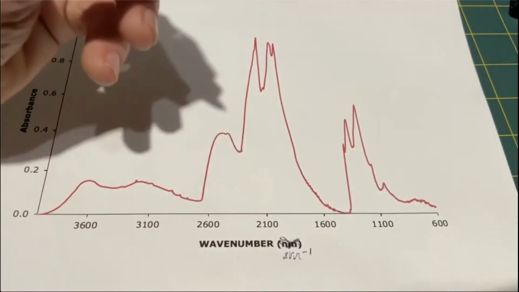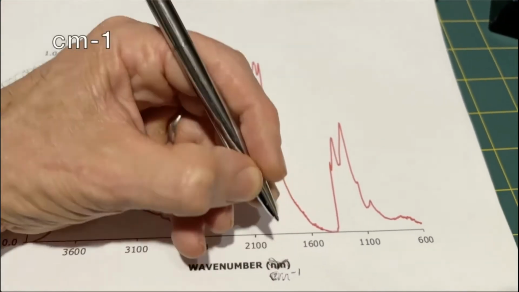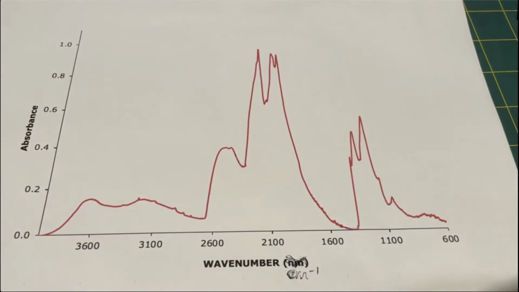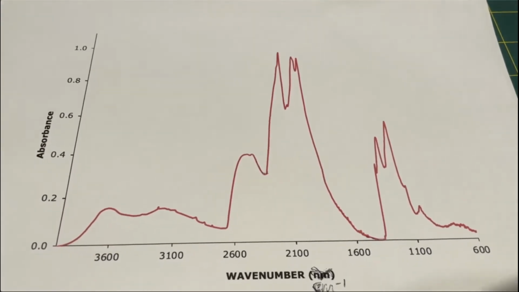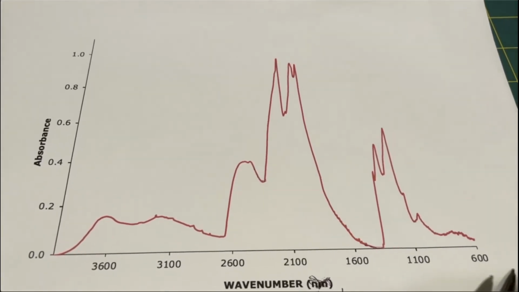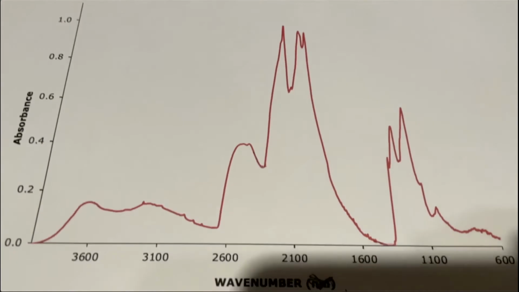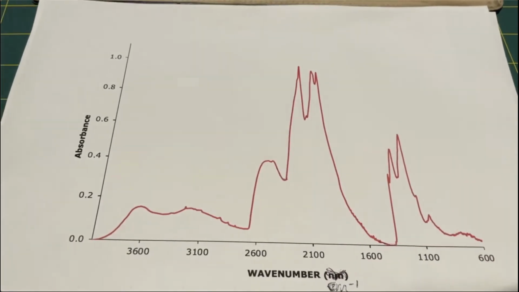And you'll notice it goes from a high number to a low number. That's because it's consistent with what we expect. This is actually a lower wavelength and that's a higher wavelength. So some people will present it the other way around, but this is more normal.